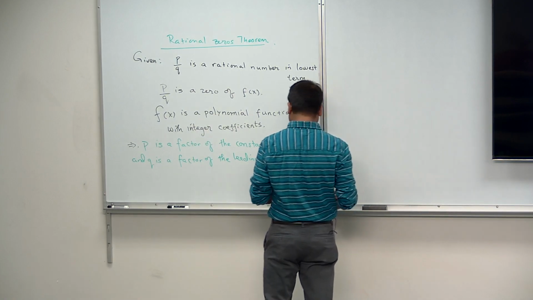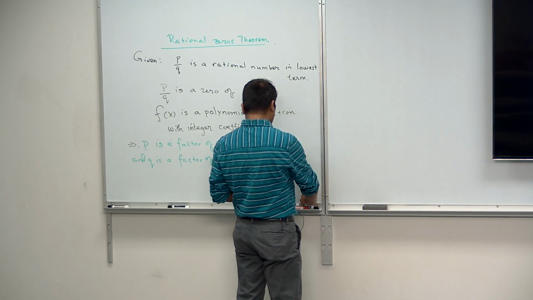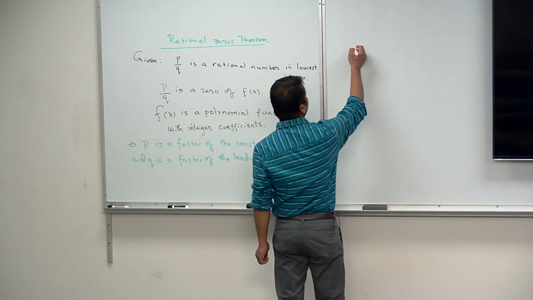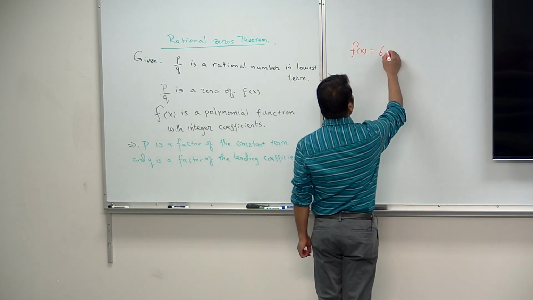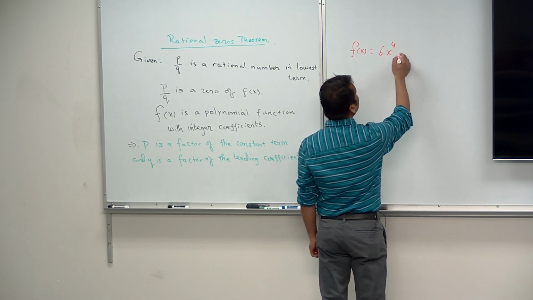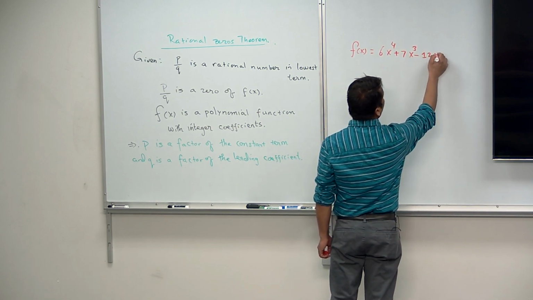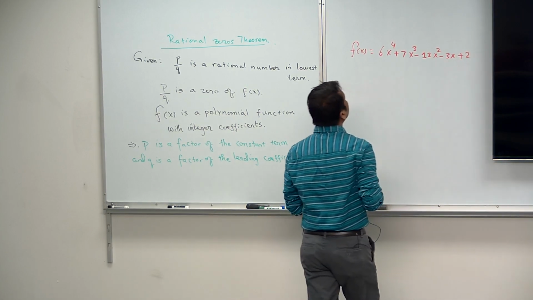So if you look here, guys, we have a polynomial function f(x) equals 6x to the power 4 plus 7x cubed minus 12x squared minus 3x plus 2.